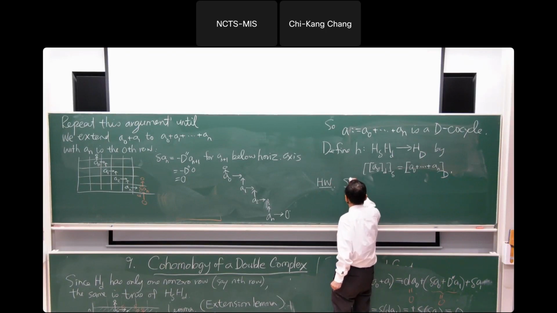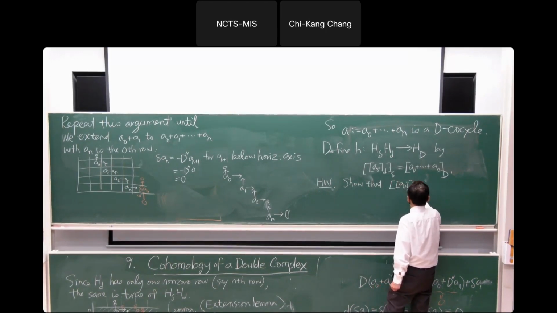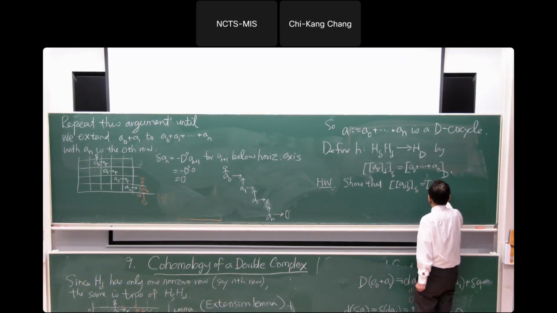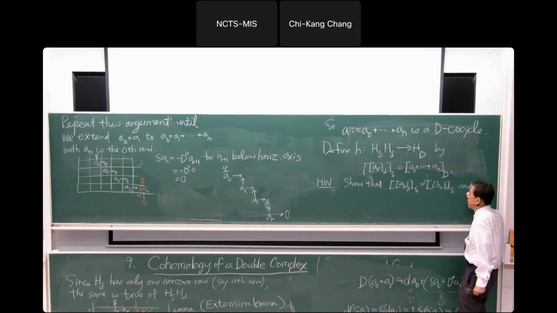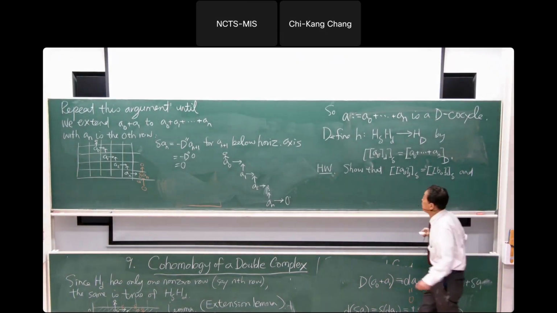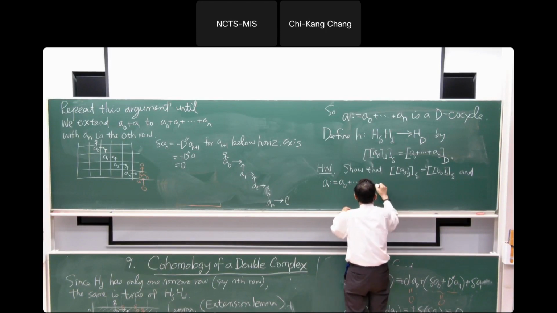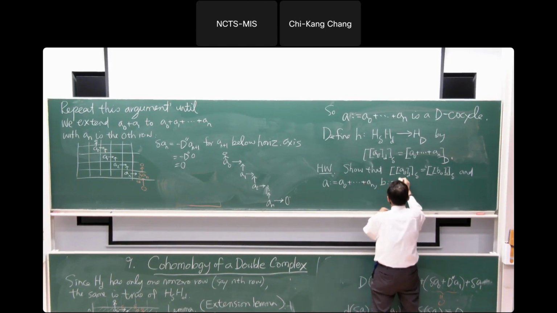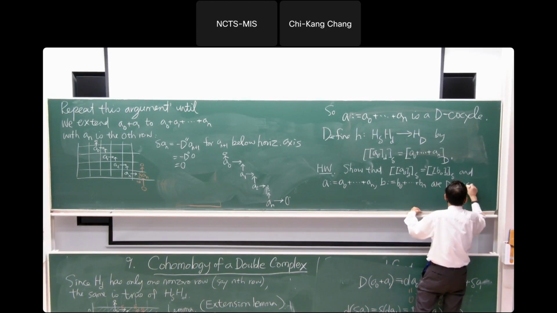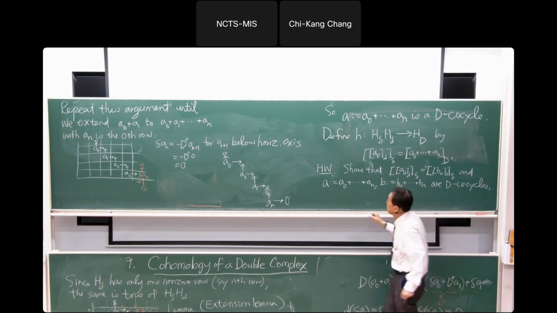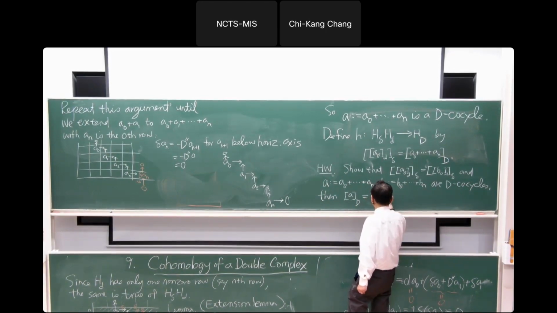So show that if you start with a different representative, and you get two extensions to D cocycles, then they define the same big D cohomology class.